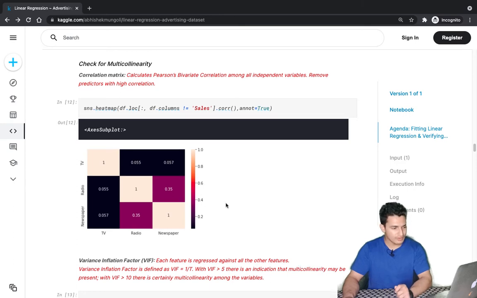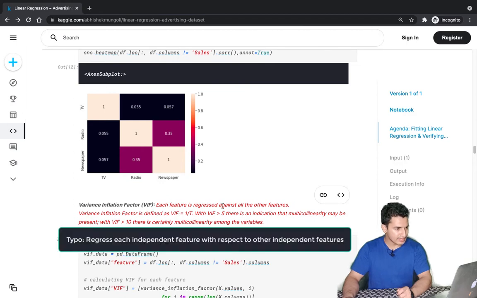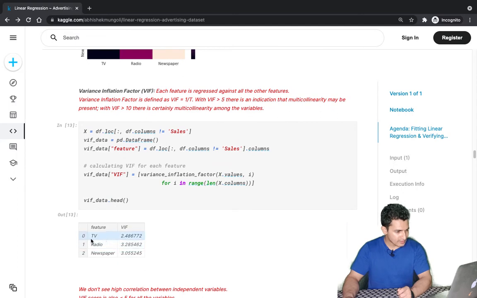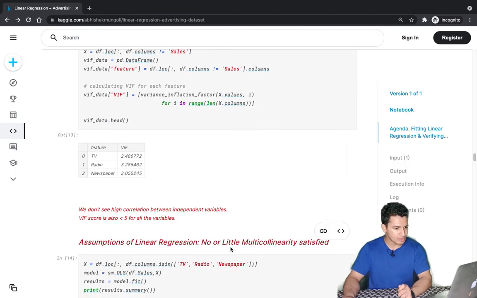So what we can do is look at the variance inflation factor, where it will try to regress each variable with respect to the other variables. The variance inflation factor of TV is 2.4, radio is 3.2, newspaper is 3.05, and VIF says that if it's less than 5, it's fine. We can say that the variables are quite independent. So the second assumption of linear regression, that is no or little multicollinearity, is also satisfied.